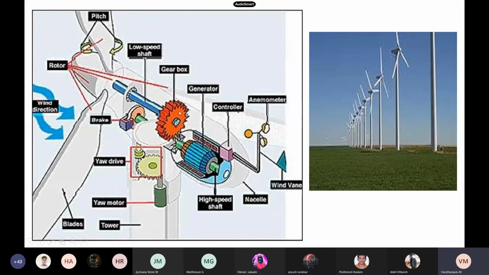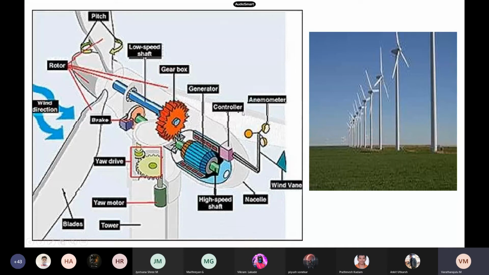When we pedal our bicycles, we pedal the larger wheel, and it is connected to a smaller wheel, and the speed is amplified. On the same principle, we have gearboxes to amplify the speeds in wind turbines.